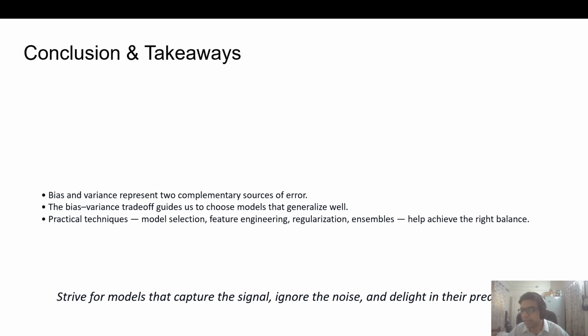Some of the practical techniques would be model choice, feature engineering, regularization, ensembling, and careful validation. Now, all these help us achieve the right balance of bias and variance. By understanding and managing this trade-off, we can build models that capture the true signal in data while ignoring noise.